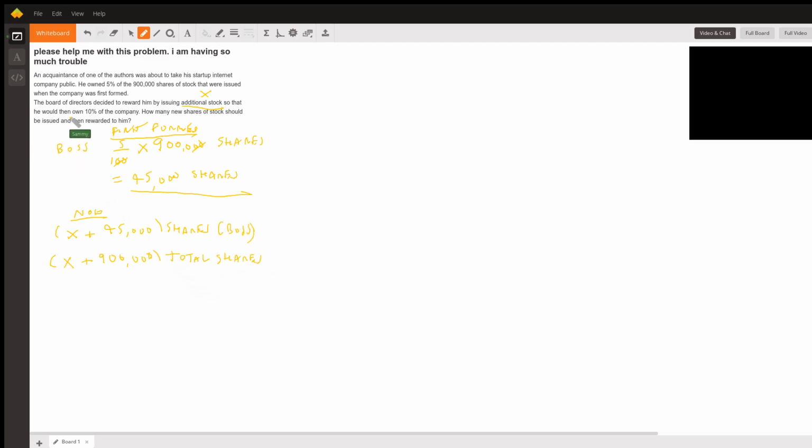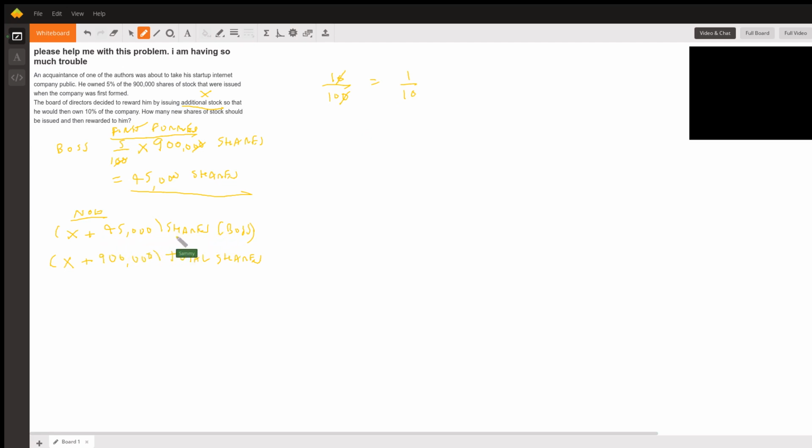Now he wants to own 10% of the company. So what is 10%? It's 10 divided by 100, but we can cancel a zero on the top and the bottom, so it's equal to 1/10. It's going to be a division problem.